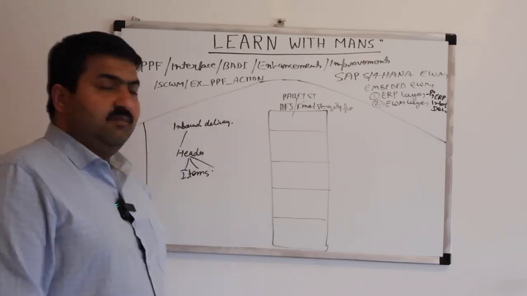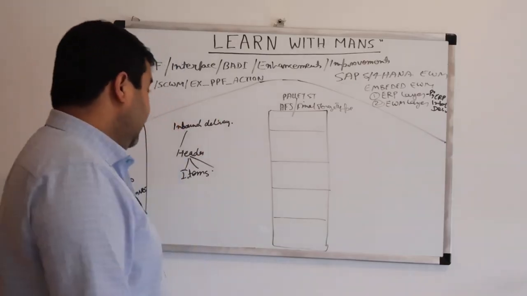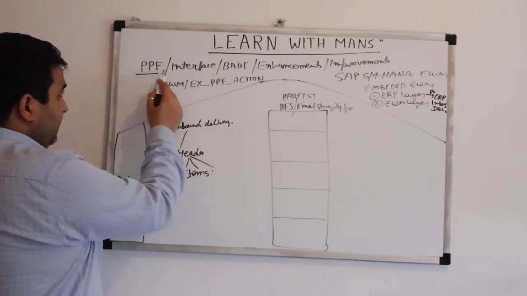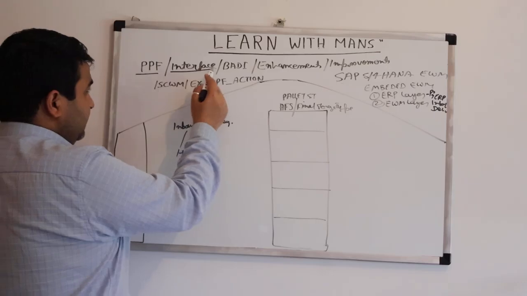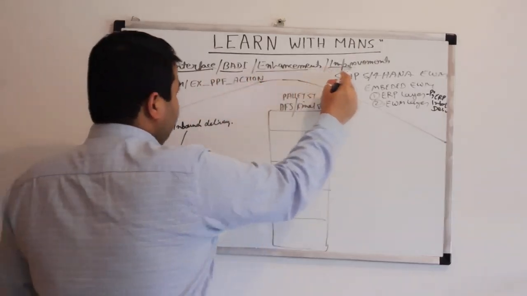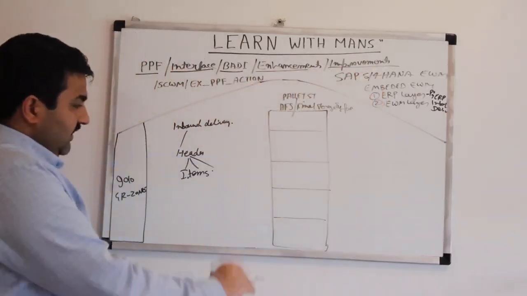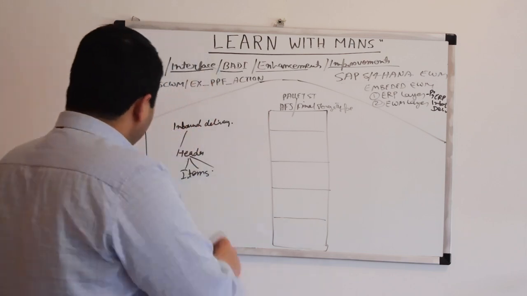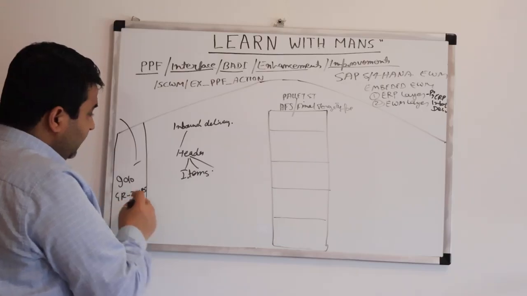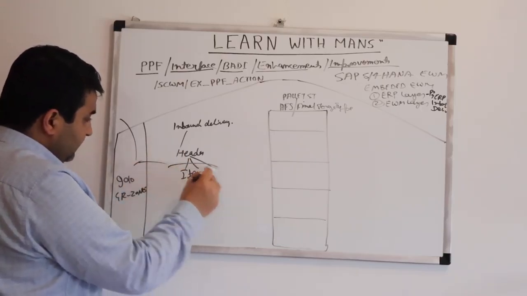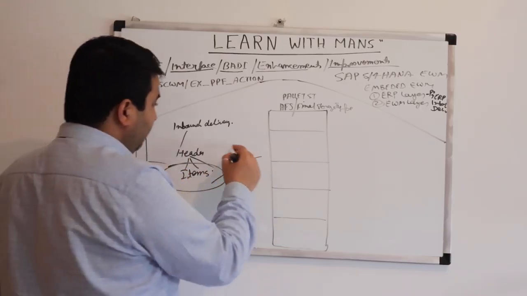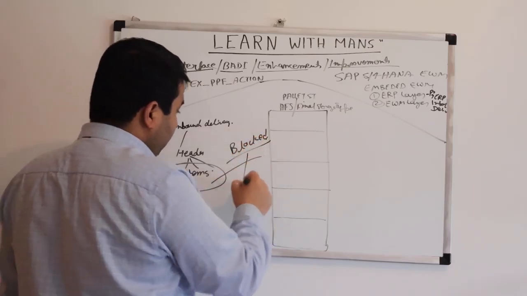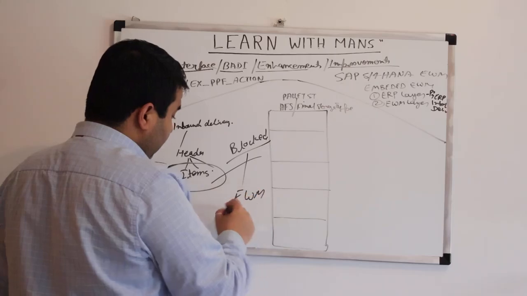In this real-time business requirement, today I will explain the post-processing framework, requirement interfaces, BAdI, enhancement, improvements. The business requirement is very simple. Whenever we receive the product, our inbound delivery items should be blocked in the EWM layer.